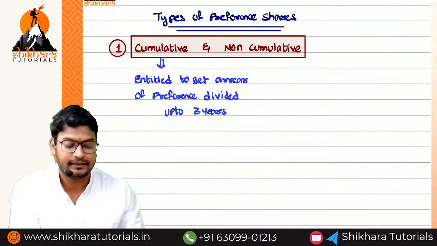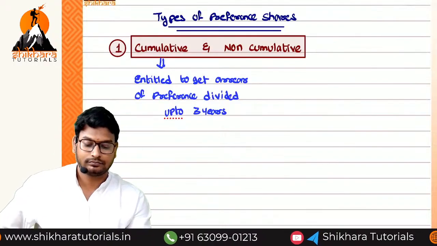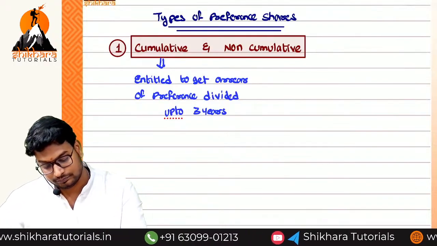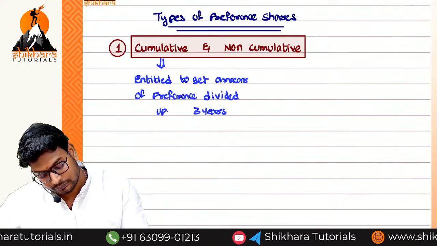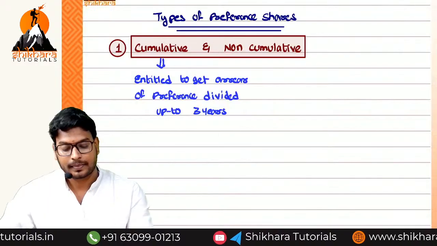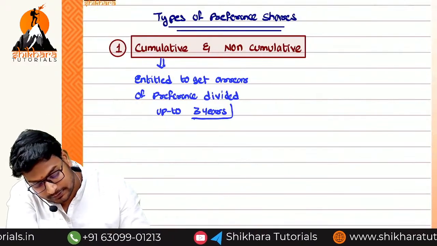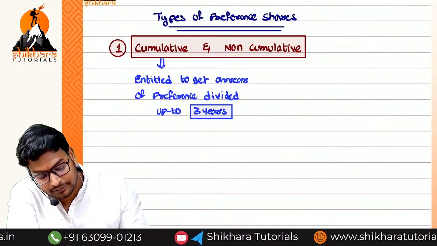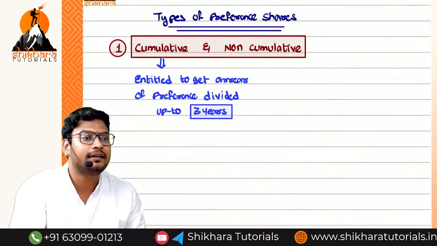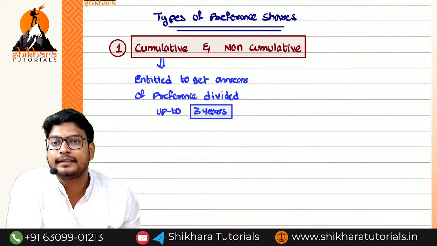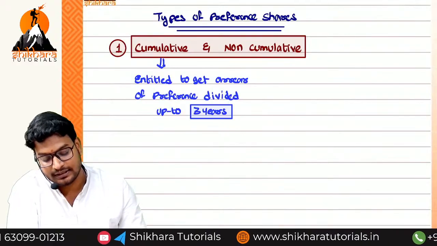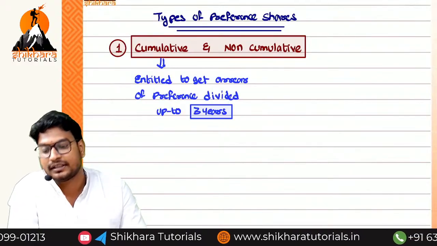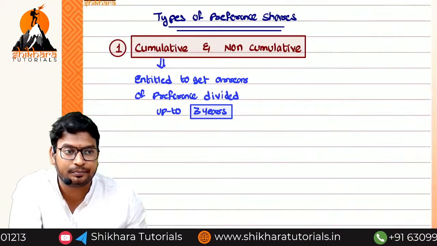Up to 3 years. Here the 3 years are important. What is the meaning of non-cumulative? Not entitled to get the arrears dividend up to a maximum of 3 years. So these are the types called cumulative preference shares and non-cumulative preference shares.